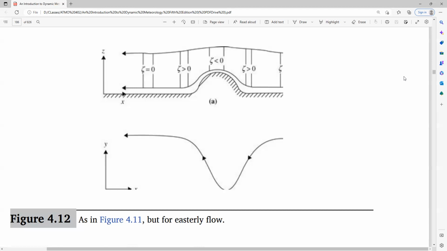That's why we see troughs and ridges, not considered with low pressure generation from nature. That is because it's a situation of potential vorticity. Okay. So I will skip section 4.6, because we really don't look at isentropic surfaces.